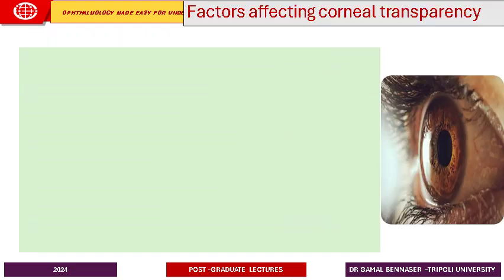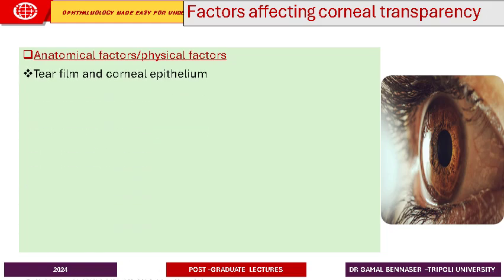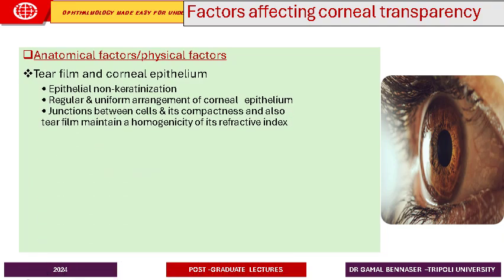Now, the cornea, to perform its job perfectly, to allow the light to pass perfectly to the retina and get focused there, has to be a transparent structure. And there are various factors that determine the transparency of the cornea, including anatomical, physiological, and physical factors. For example, the tear film and the corneal epithelium. Now, the arrangement of the epithelial cells, that they are non-keratinized epithelium and they have tight junctions between the cells, and the cells are homogeneous.